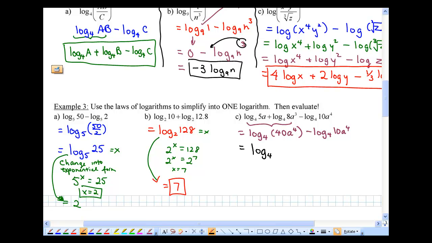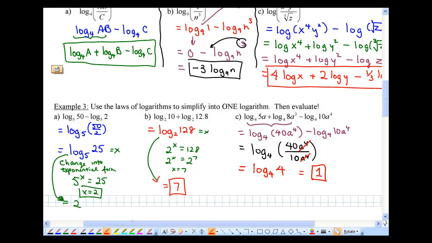So log base 4, 40a to the power 4 divided by 10a to the power 4. Lovely that the a to the power 4 cancels out, and 40 divided by 10 just gives you 4. So you have log base 4, 4, and I'm not going to change this to exponential form because I know this just equals 1.